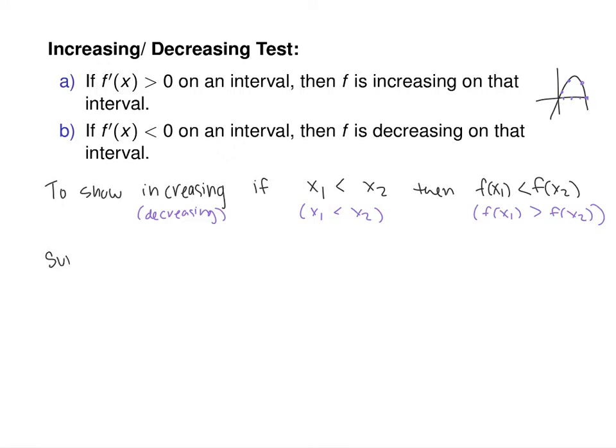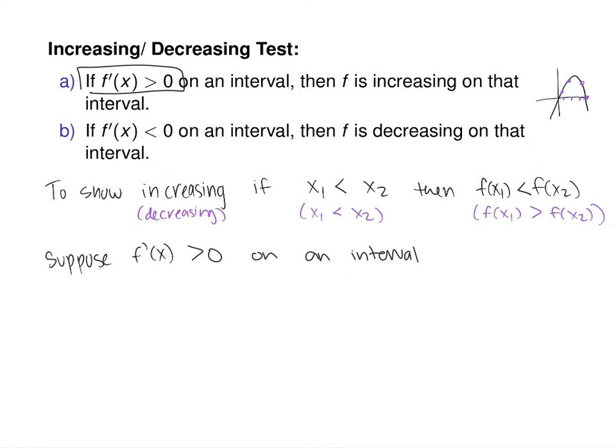Now we suppose f prime of x is bigger than 0 on an interval with x1 and x2 in it.